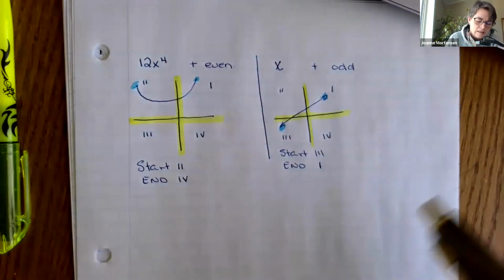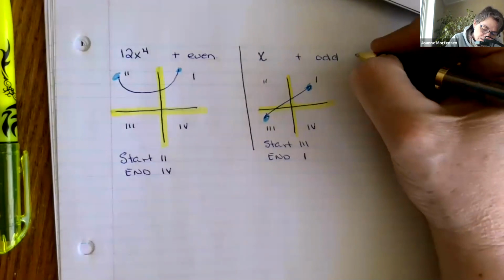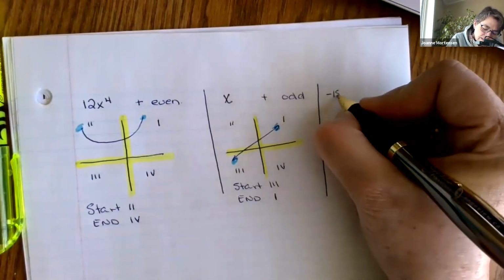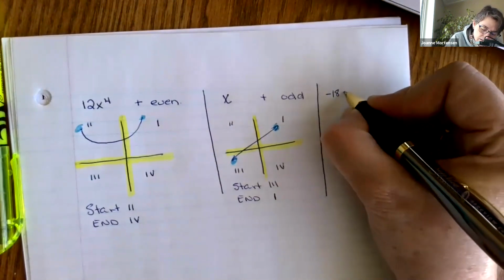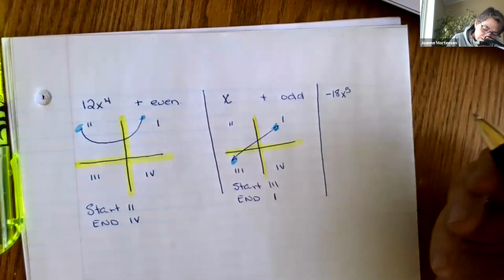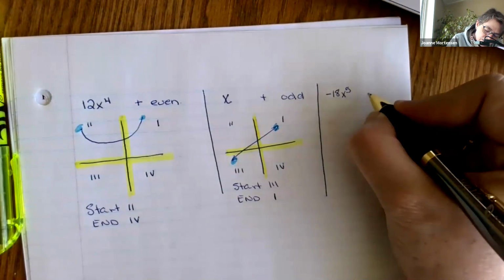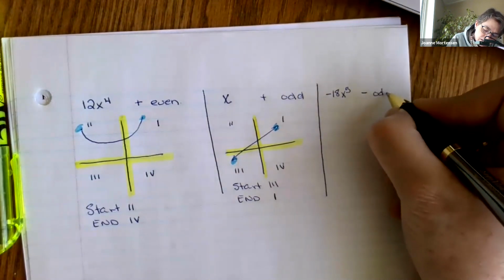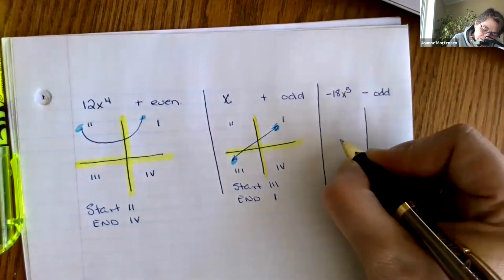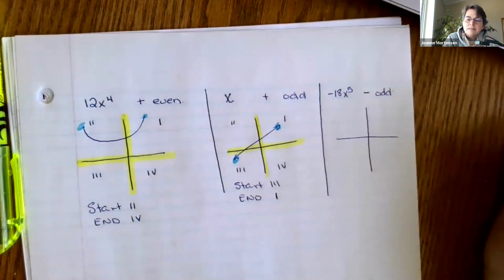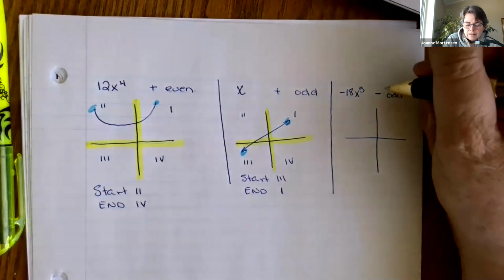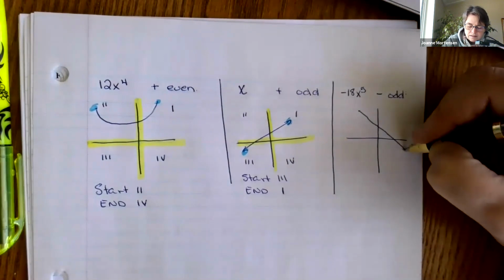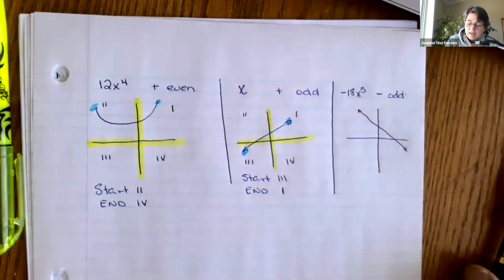All right, the last one we had, you know what, I'm going to squish it over here, is minus 18x to the fifth. So that's going to be negative and odd. So odd reminds me it's a straight line, and the negative part means it's going to be going downhill. So it's going to look like that. Generally.